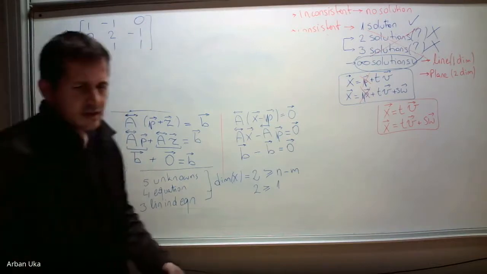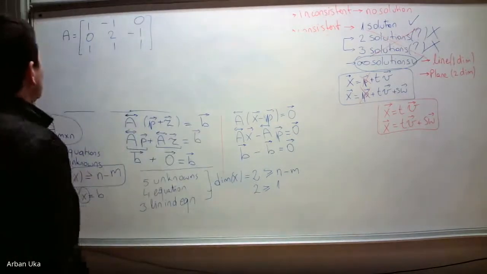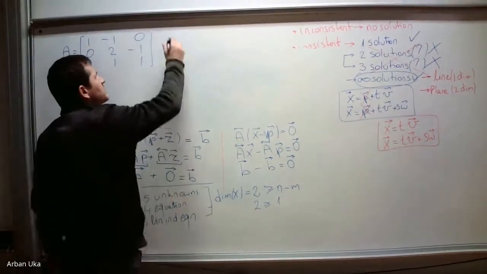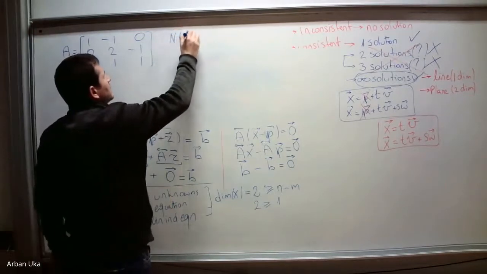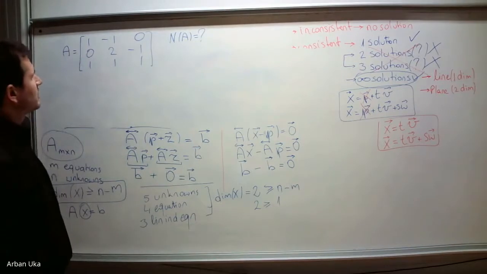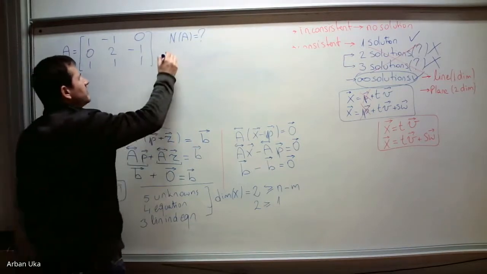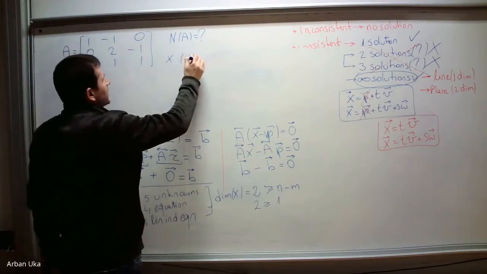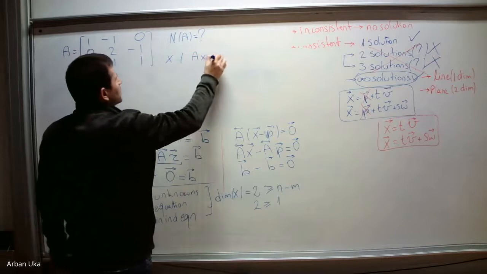Okay, so this is the matrix A, and we need to find the null space of A. But how is the null space defined? This is the question for us. It is defined as the set of x such that Ax is equal to 0.